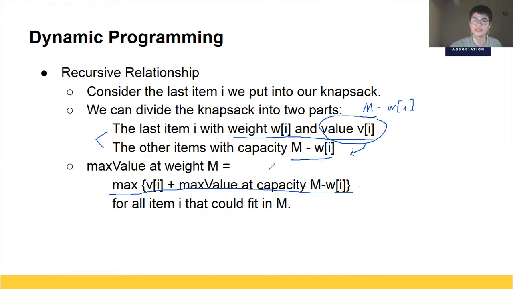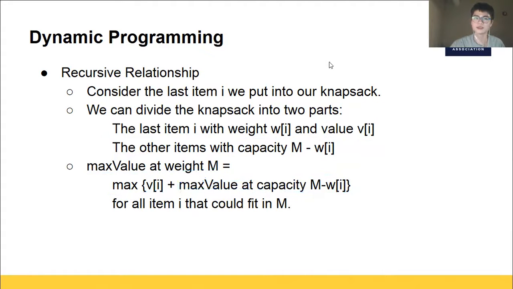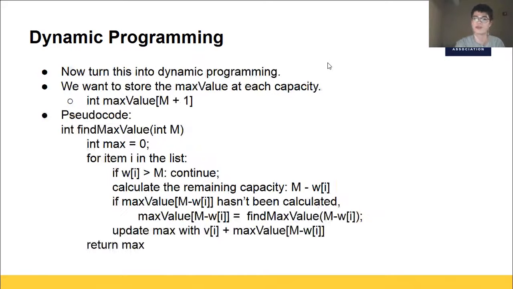Now we can see a recursive relationship, right? We have max value at capacity m and recursively get max value at capacity m minus Wi all the way down until 0, when we cannot fit any item into it. As long as we implement this recursive relationship with dynamic programming, we can get a pretty good time efficiency.